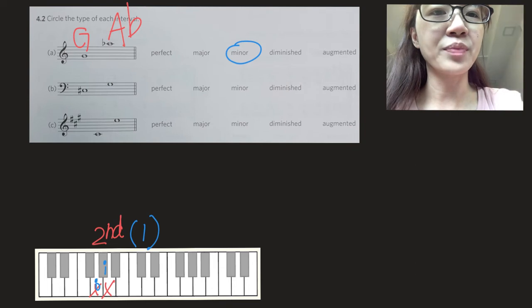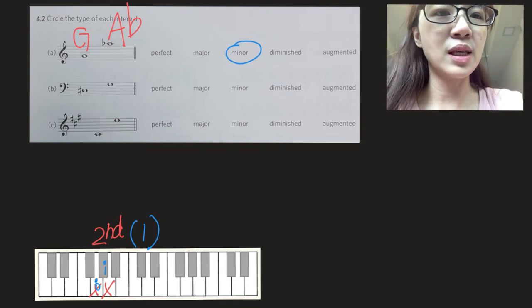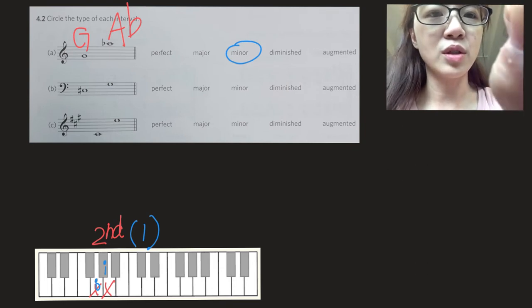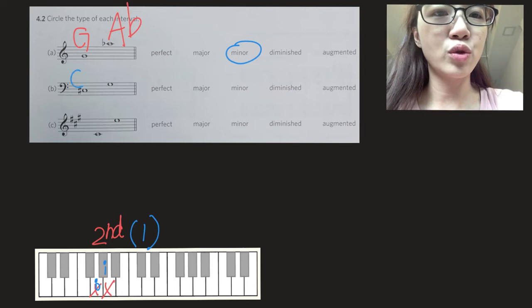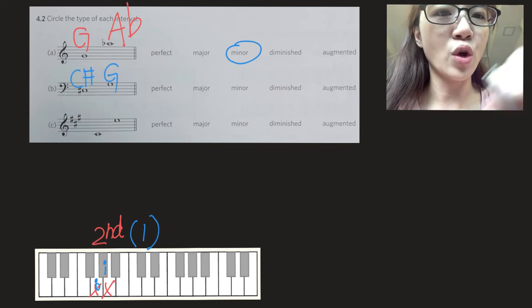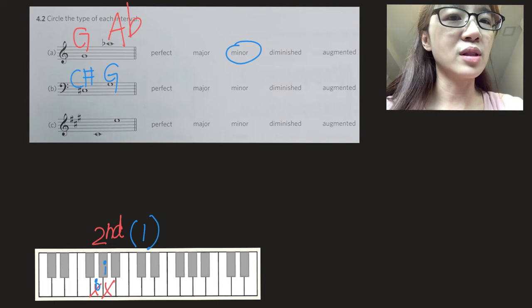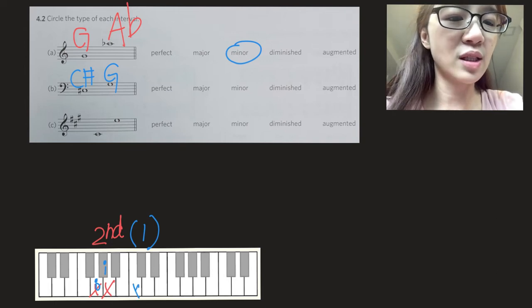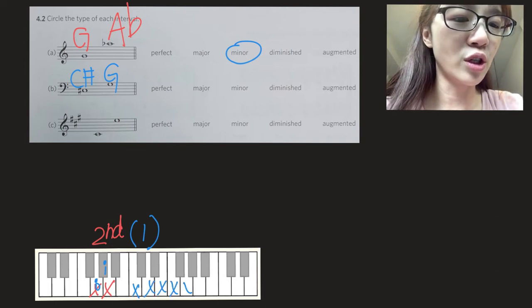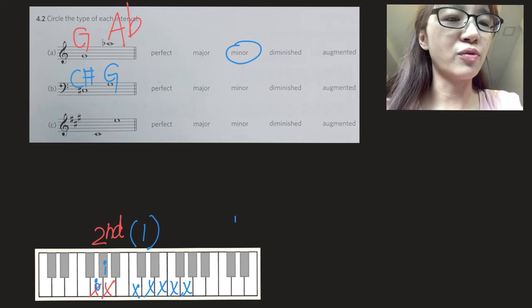Question B, C sharp to the G. Without worrying about the sharp and flat, C, D, E, F, G, 5th. Yes, it's 5th.